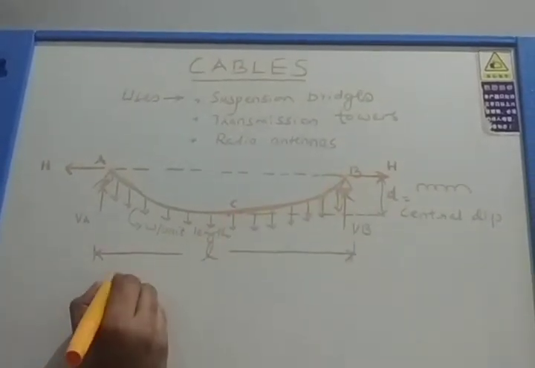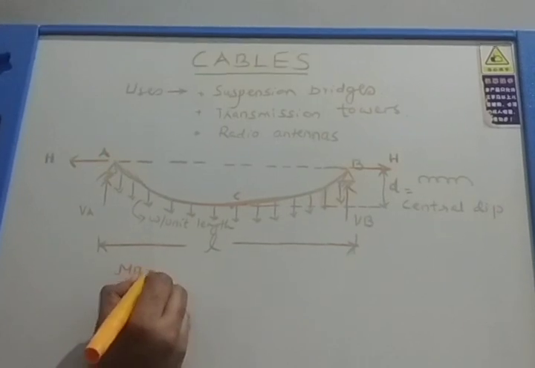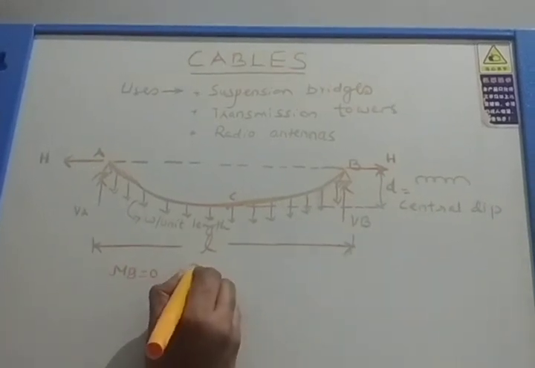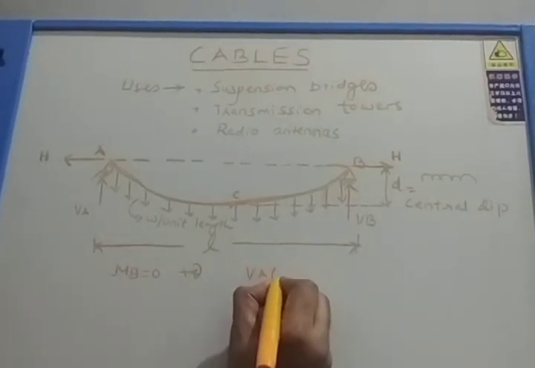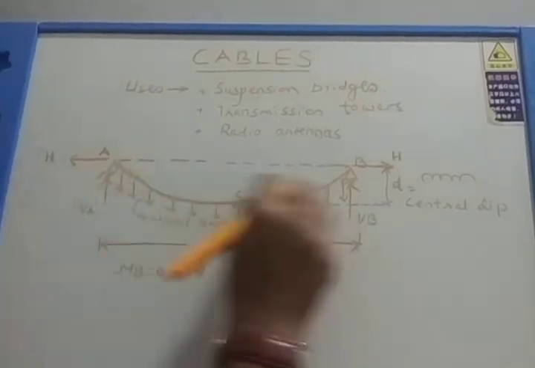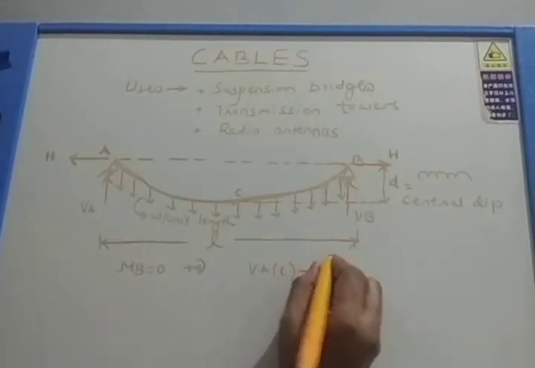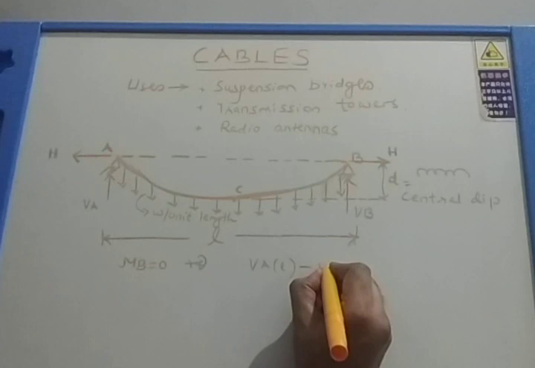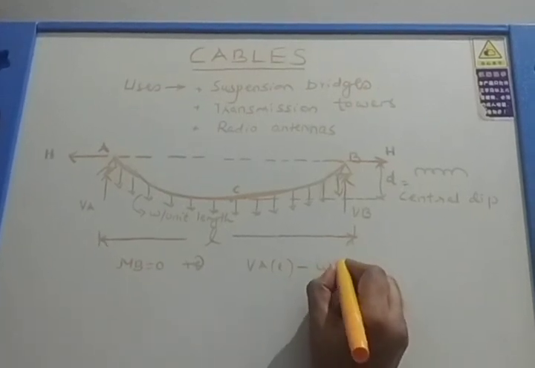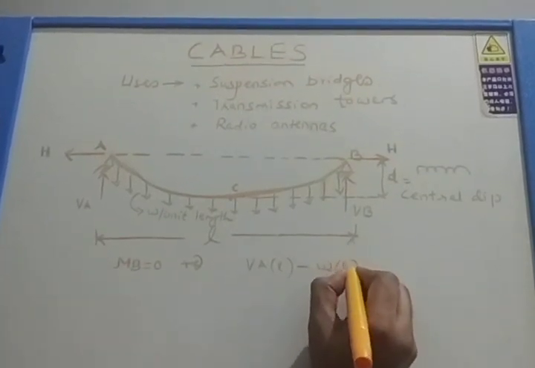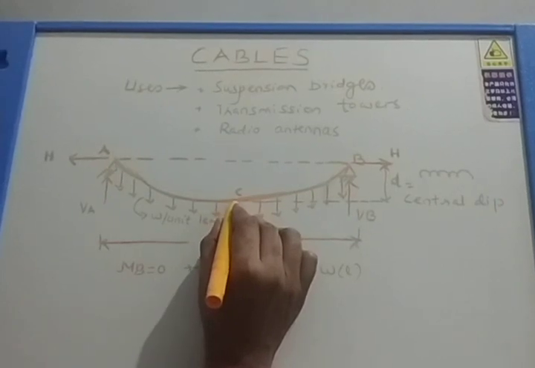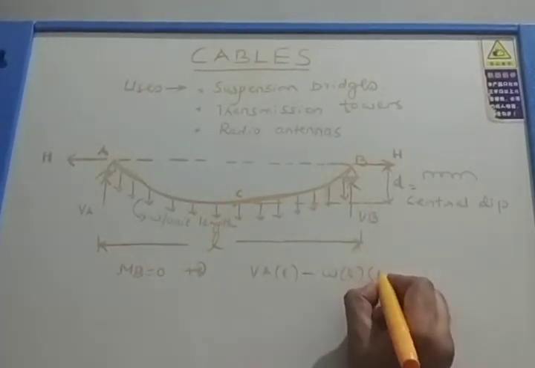So let us take moment at B equal to 0 to find out the reactions. Clockwise positive, you will get VA into L clockwise, then minus moment due to UDL, total UDL is W per unit length into L, total UDL is WL, and it is acting at the center C, so the distance from C is L by 2.